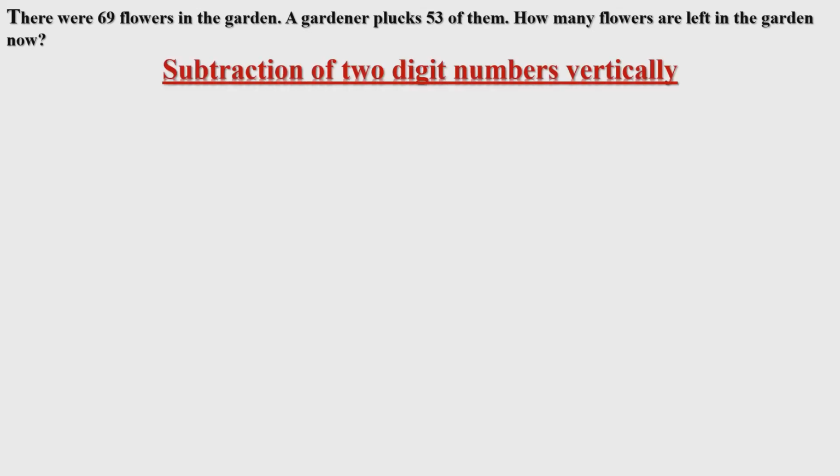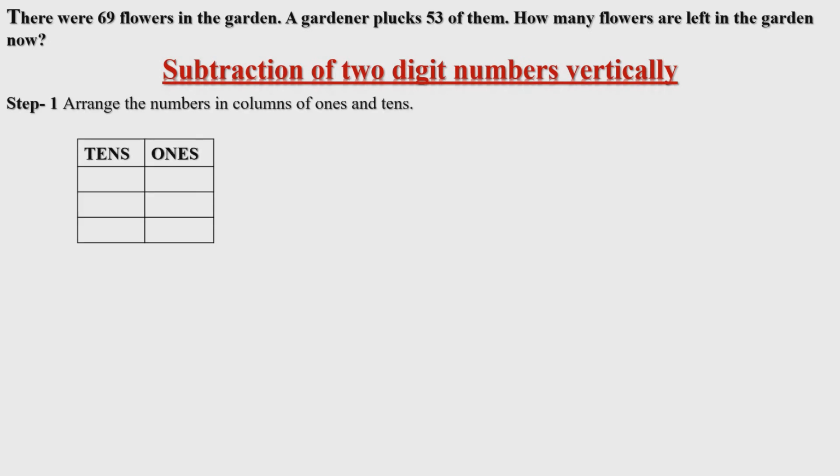Let's take one more example. There were 69 flowers in the garden. A gardener plucks 53 of them. How many flowers are left in the garden now? Let's subtract in different ways and move. Firstly, vertically. Step 1. Arrange the numbers in the columns of ones and tens. Place the greater number on the top at the minuend place.